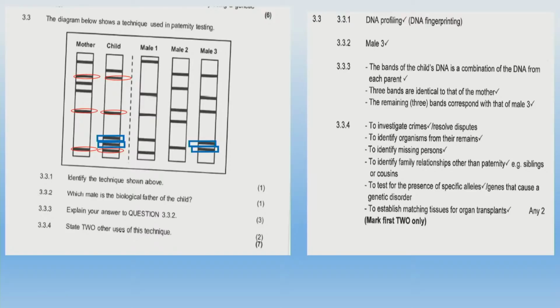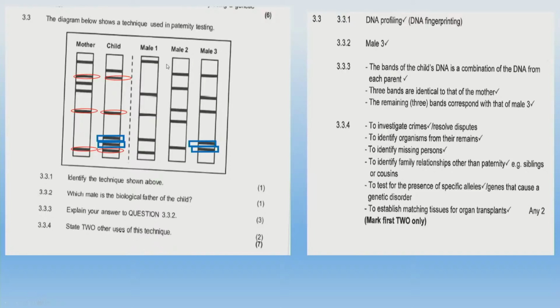So we must indicate that the remaining DNA bands of the child that do not correspond with the DNA bands of the mother, all of them correspond with the DNA bands of male 3. All of the remaining DNA bands of the child correspond with the DNA bands of male 3.